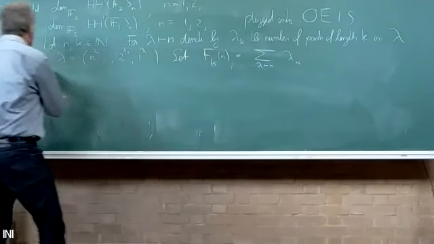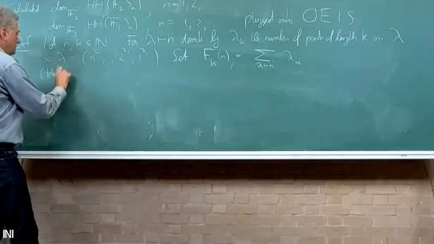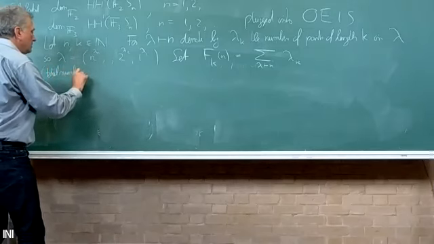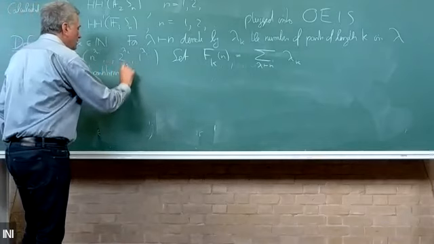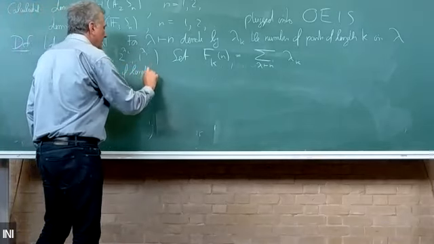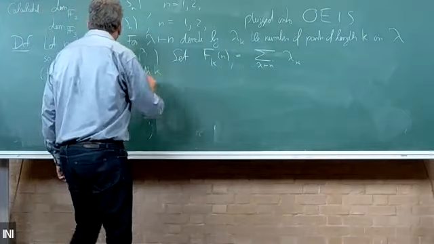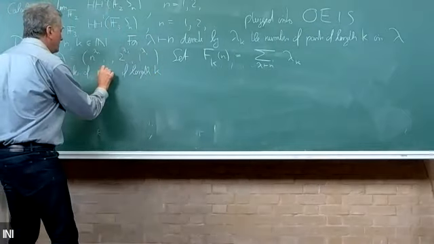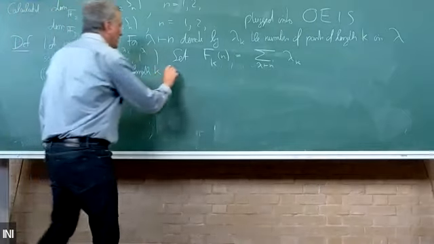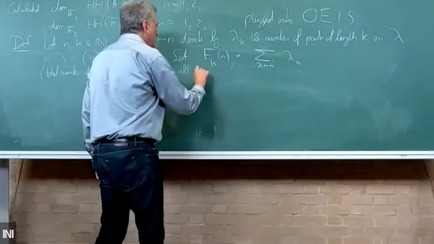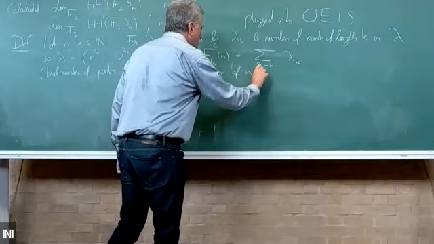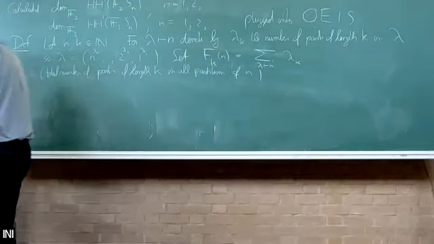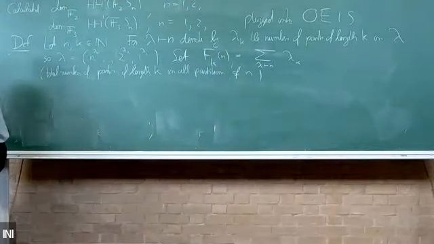So the total number of parts of length k in all partitions of n. That's what this number is. And so if k is bigger than n, then this number is obviously 0.